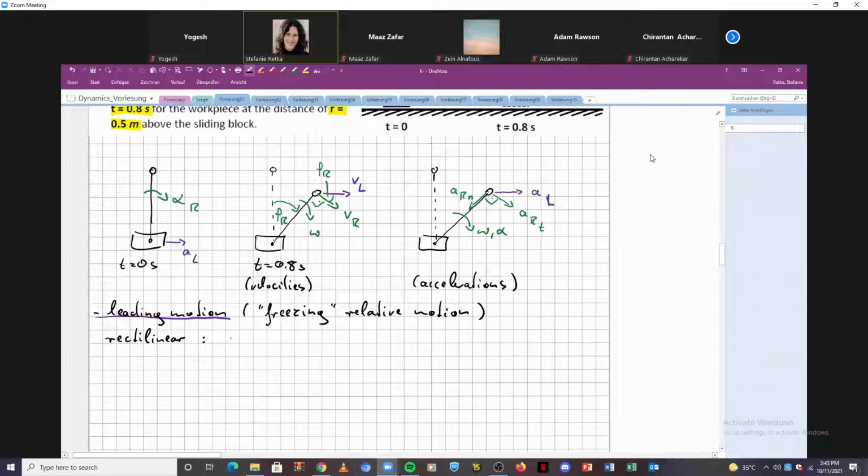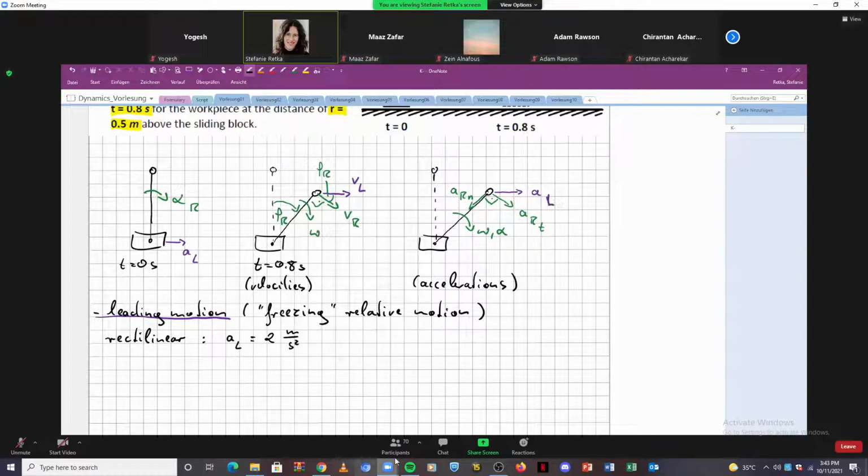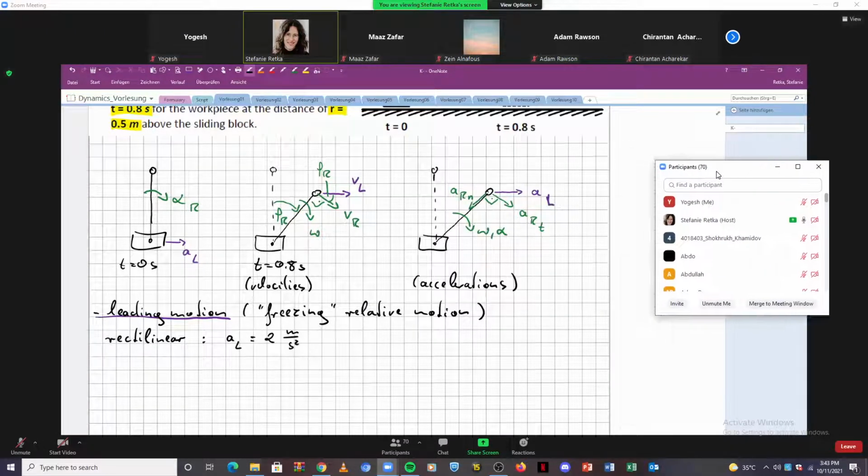The leading acceleration is given with 2 meters per square second. If we know the acceleration, we can compute the velocity.